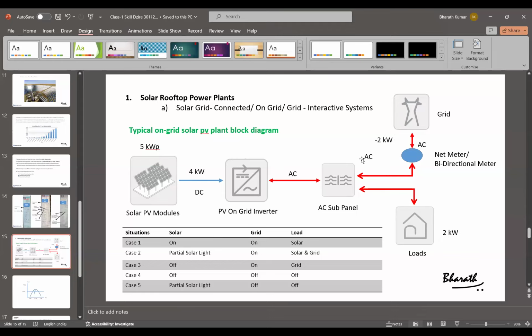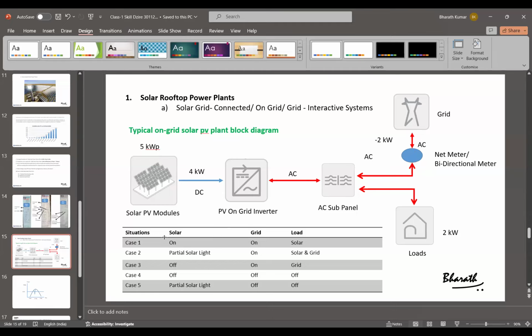Voltage and frequency will be the same. 5 kilowatt means a single phase power supply, and we can get a maximum of 20 amps. Suppose the residential house has a 4 amp load, that means 1 kilowatt, it goes to that load, and the rest, 16 amps or whatever excess amps, goes to the grid. At that time the meter will rotate in reverse direction. That units also we can do.